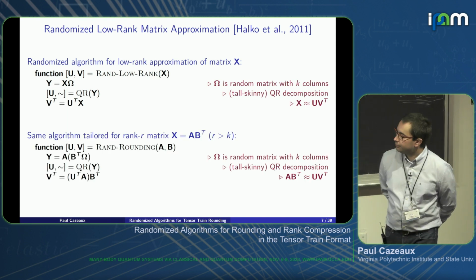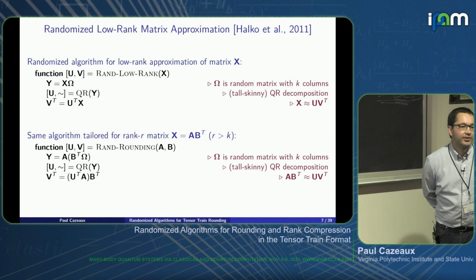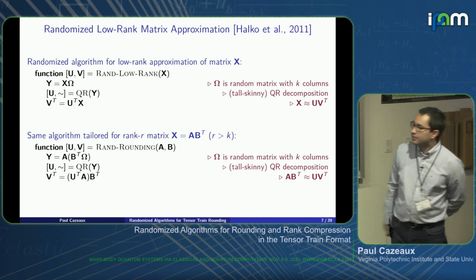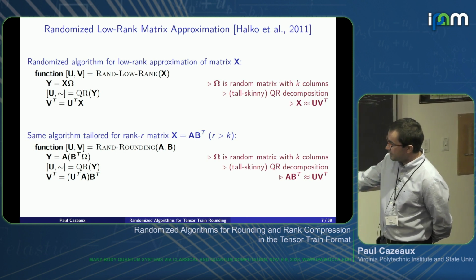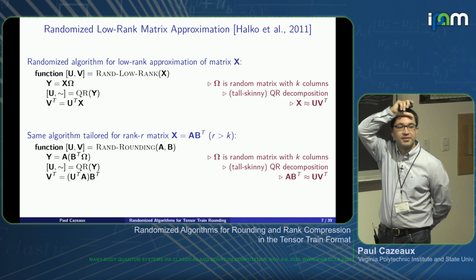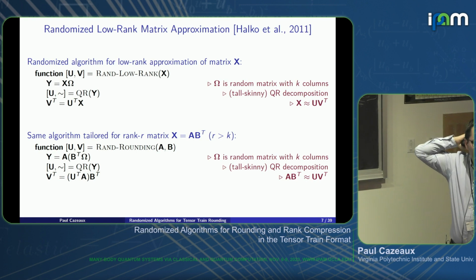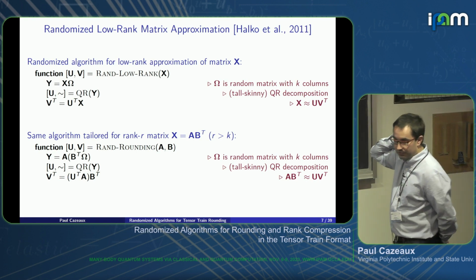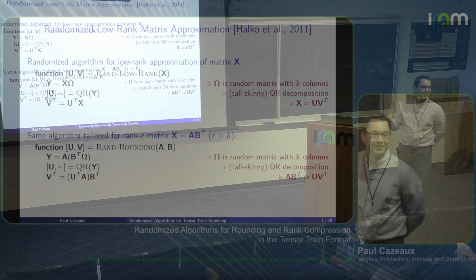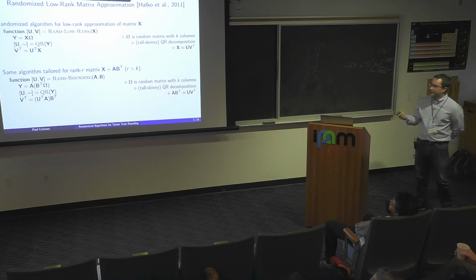Here is another way. If we already know a factorization of our matrix, which is kind of what's going to happen with our tensor trains, we already have some kind of factorization, and we want to compute a better one which reduces the ranks.